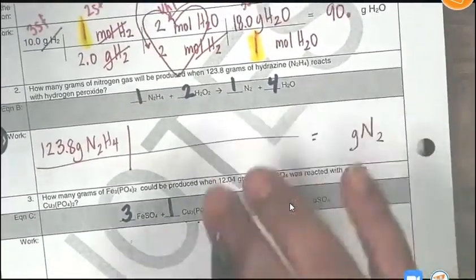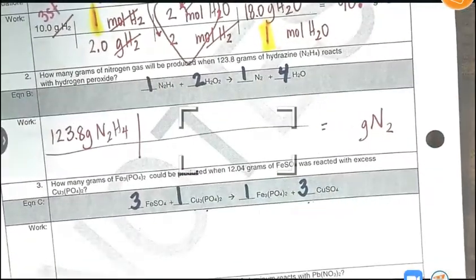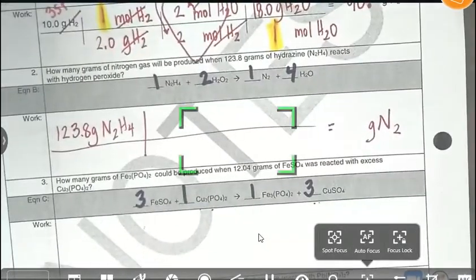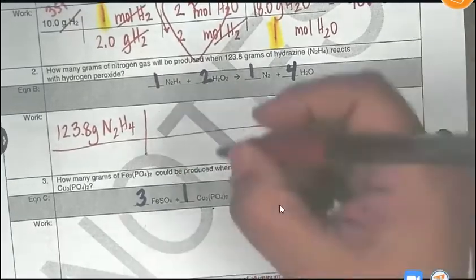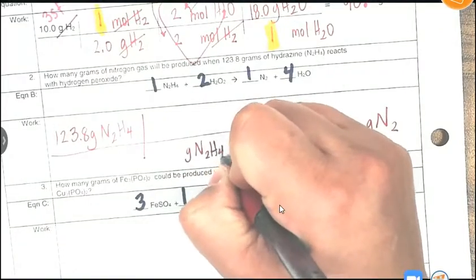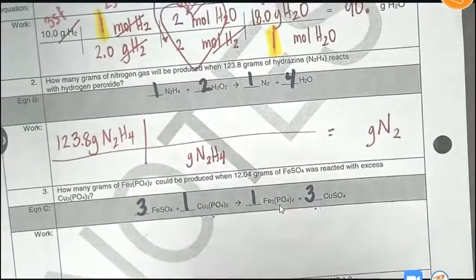Now, I'm going to go ahead and put my grams of N2H4 here, and I am going to put mole on top.